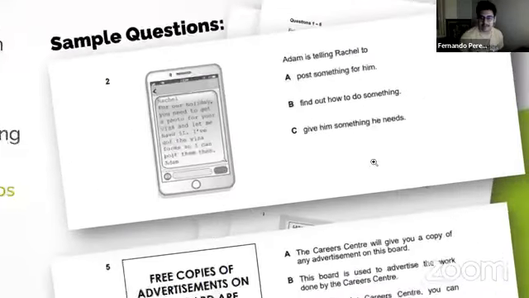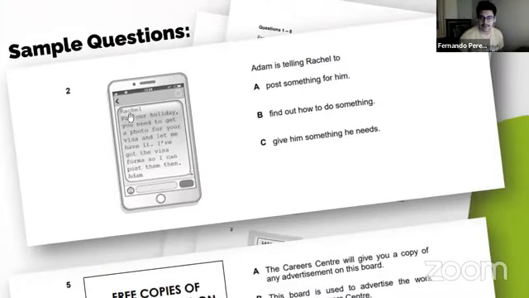This is a sample question when you see a little message from a phone. Rachel, for our holiday, you need to get a photo for your visa and let me have it. I've got the visa forms so I can post them then. And with this, you have this question.